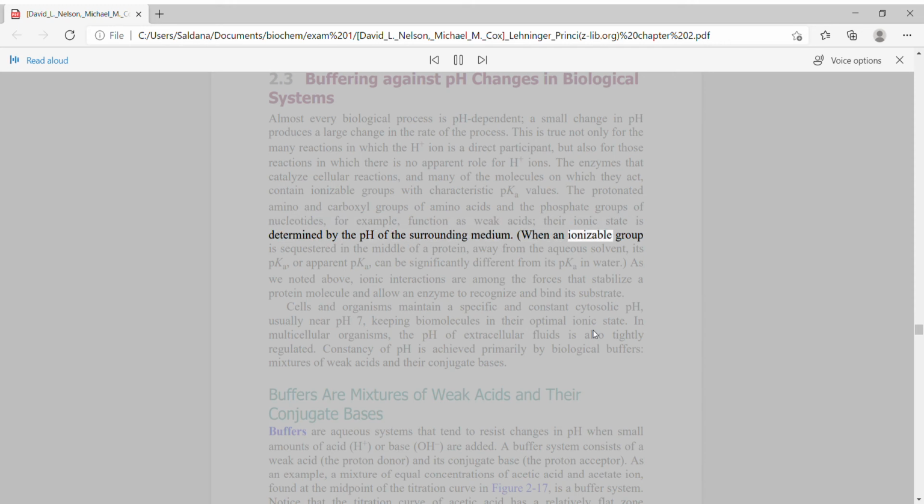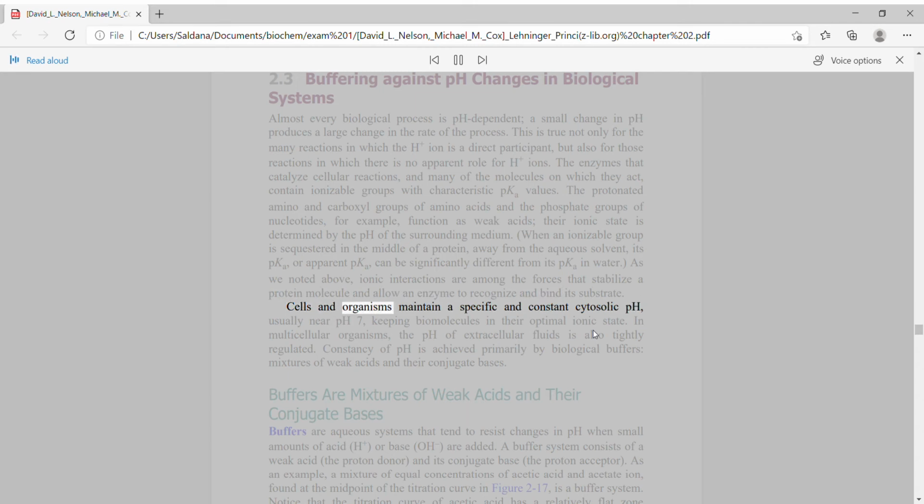When an ionizable group is sequestered in the middle of a protein, away from the aqueous solvent, its pKa, or apparent pKa, can be significantly different from its pKa in water. As we noted above, ionic interactions are among the forces that stabilize a protein molecule and allow an enzyme to recognize and bind its substrate.